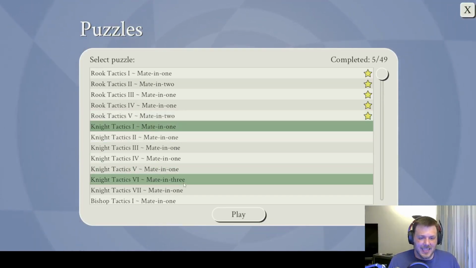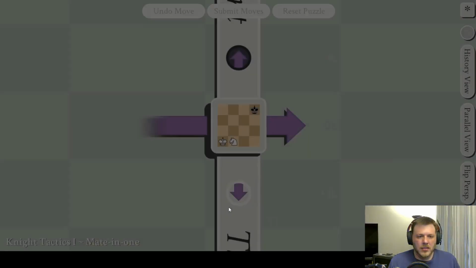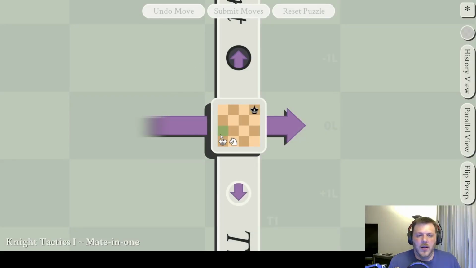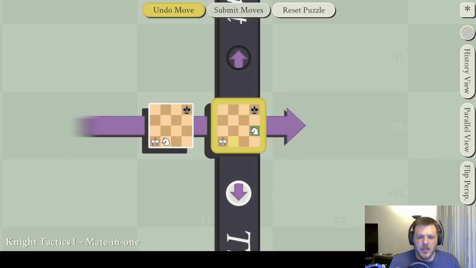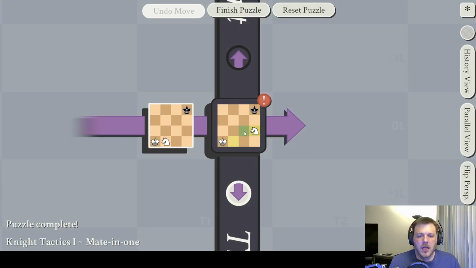Yeah, Knight Tactics, mate in 1. Alright. If I move up there, he'll just be captured. Puzzle complete. Why?